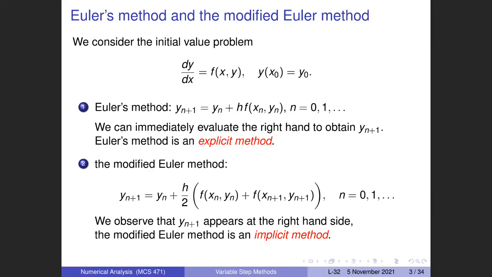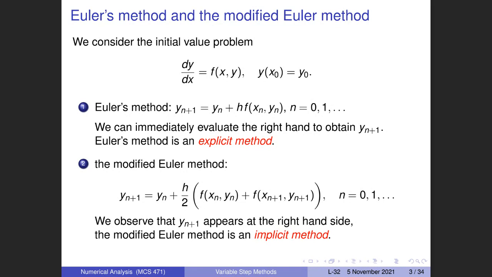We apply numerical differentiation to the left, and the forward differences give us an example of an explicit method. We can compute the next value of the approximation by evaluating the right-hand side.